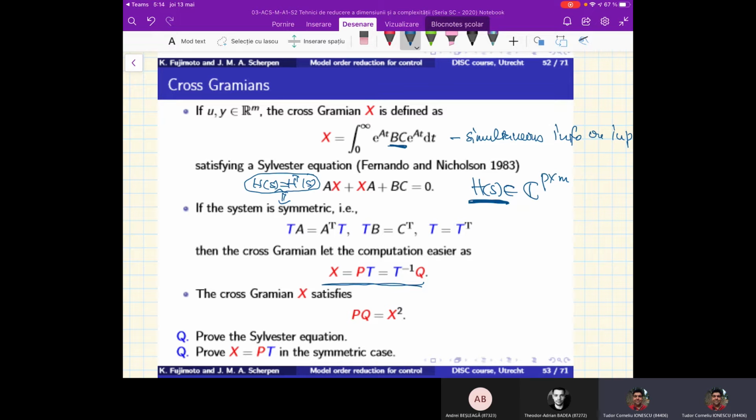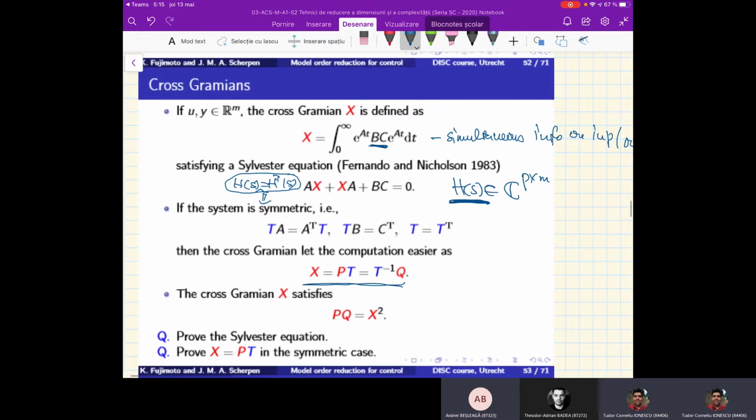Look at the size P times M. Is there a case for specific values of P and M where the property H equals H transpose is always true? Single input, single output systems.